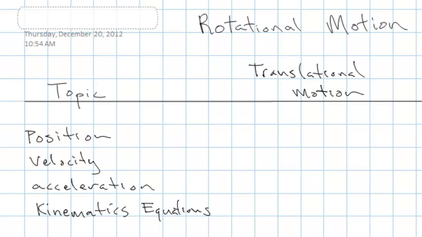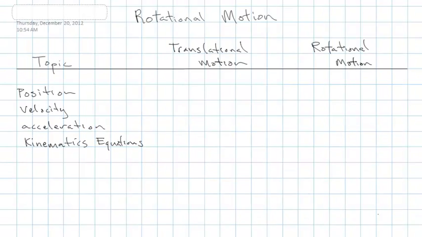The first thing we did was describe motion, translational motion, things translating from one place to another. And of course, in order to do that, we have to define position, velocity, and acceleration. So when things move in one dimension, we have x for position, v for velocity, a for acceleration.